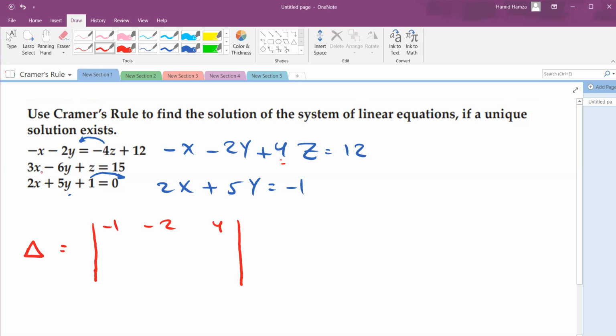The second equation will be 3, negative 6, and 1. And the last one, 2 and 5. And because we don't have z, the coefficient of z is 0.